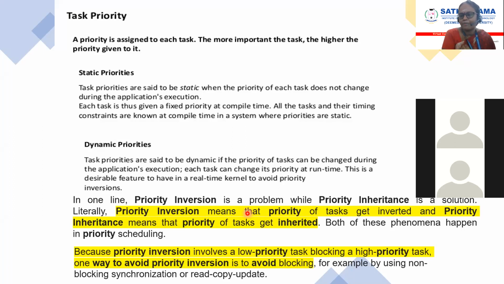Static, from the name itself, means the priorities are fixed all the time. They won't change; the priority of each task does not change during application execution. In an automobile, for static priority, if I have the airbag, it has to be the highest priority. Whenever the application runs, it will be in the highest priority only.